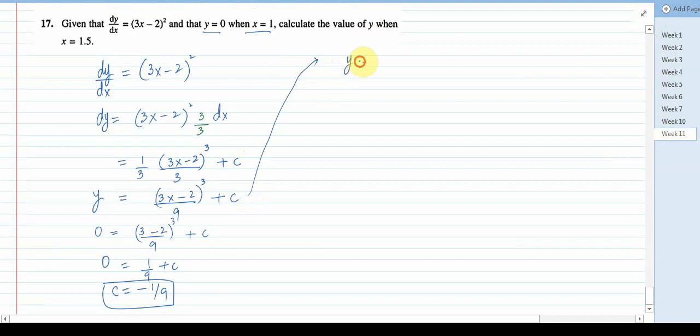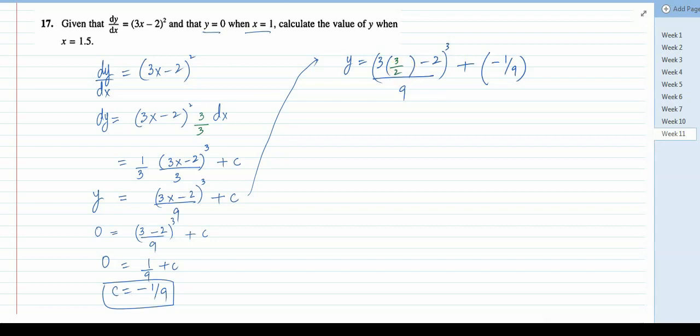y is equal to (3x minus 2) whole power cube divided by 9 plus c, which is minus 1 upon 9. The value of x is given, it's 1.5, that means 3 upon 2. Right, 1.5 is 3 upon 2, or you can write the decimal value if you want to.